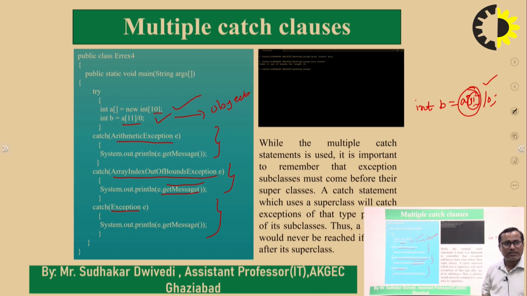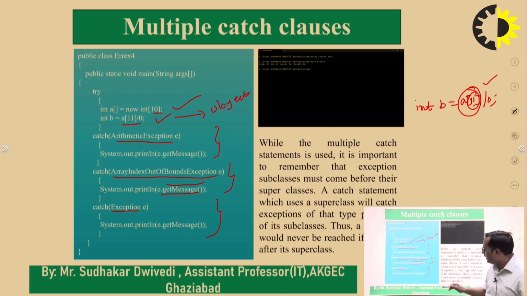A catch statement that uses a superclass will catch exceptions of that type. That means if we have a catch block with the superclass, it may catch the exception of that type plus any of its subclasses. That means all the subclass exceptions are caught here. The subclass would never be reached if it comes after the superclass.